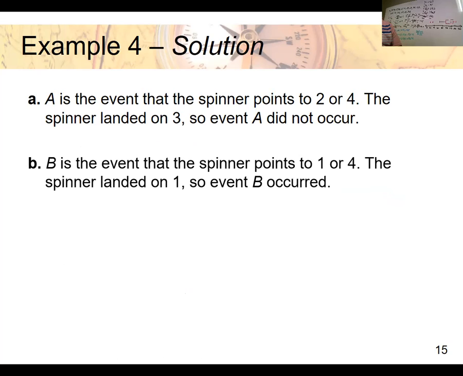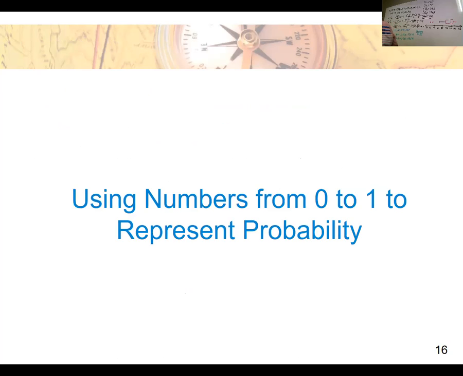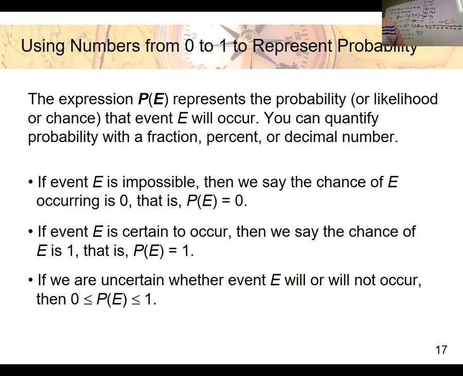All right, next we'll look at using numbers from 0 to 1 to represent probability, or percentages. Here's the expression P with the E in parentheses. That represents the probability or the likelihood or the chance that event E will occur.